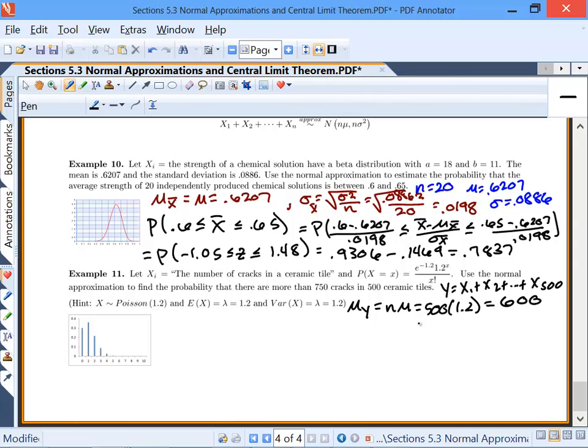And the standard deviation for y is the square root of n times sigma squared. So the square root of 500 times, let's see, the variance was 1.2. So 24.49.